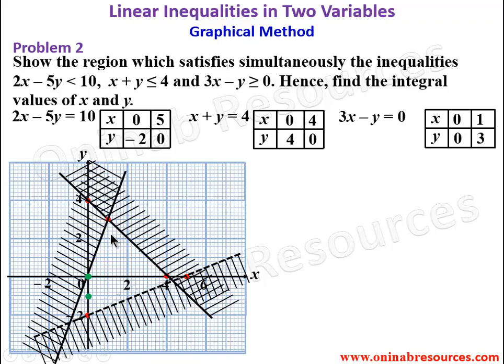Then we go to the next line, which is x is equal to 1. For x is equal to 1, we start with the first point here. Since the lines that intersect here are both bold lines, this point is going to be included among the integral values of x and y.